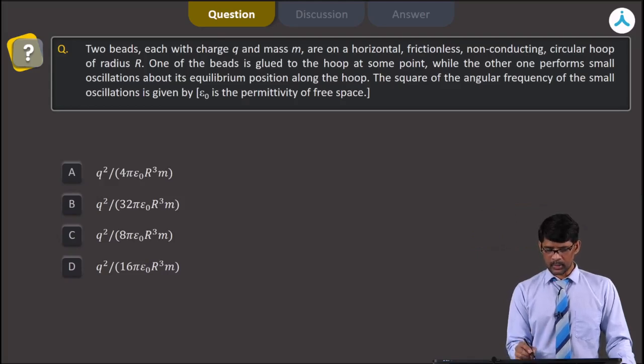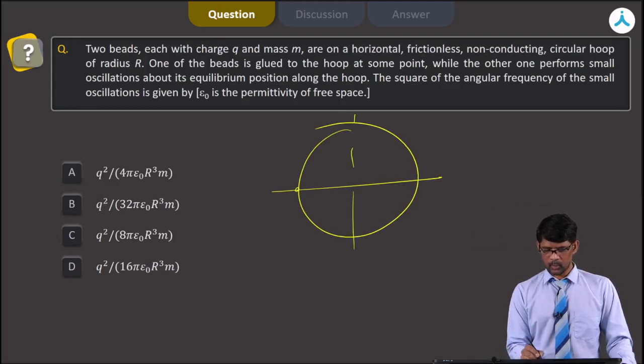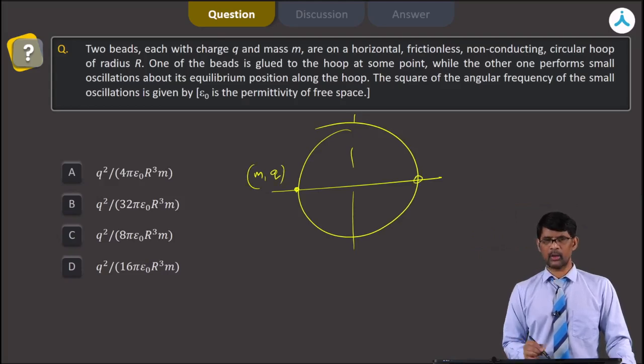Well, the system that we can think of is like this: this is the particular point at which a mass m and charge q is fixed, and the other can move on this particular periphery.